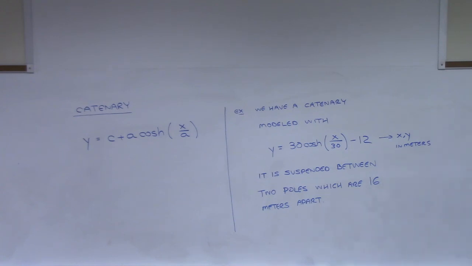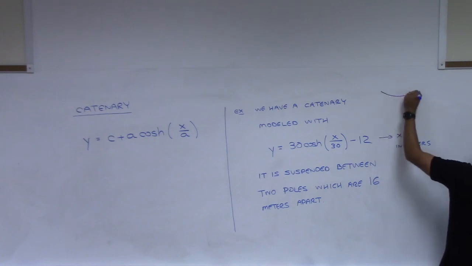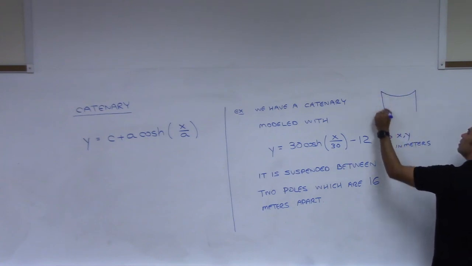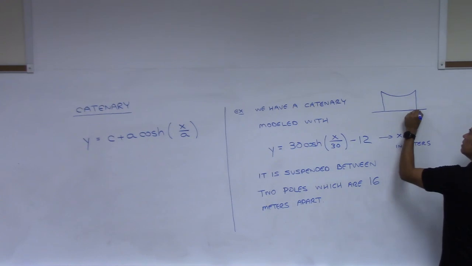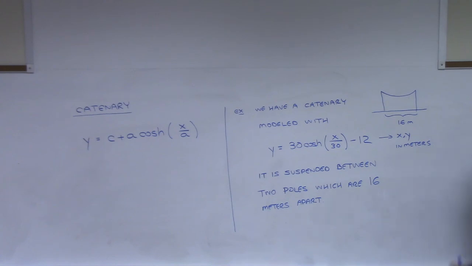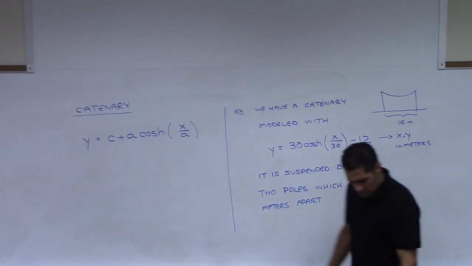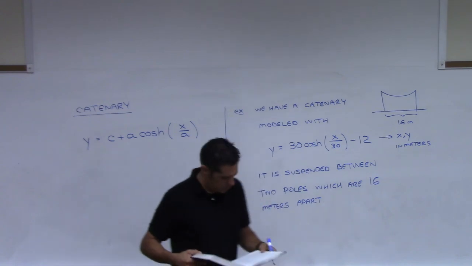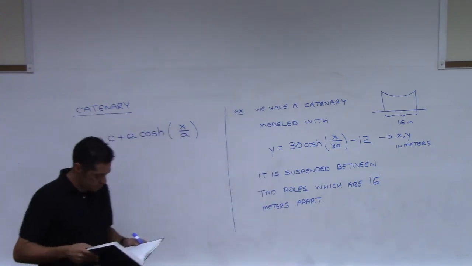All right, so the idea here is that we've got a catenary hanging between two poles, like this, and the distance between the poles is 16 meters. I didn't give you the height of the pole, and I'm not going to.